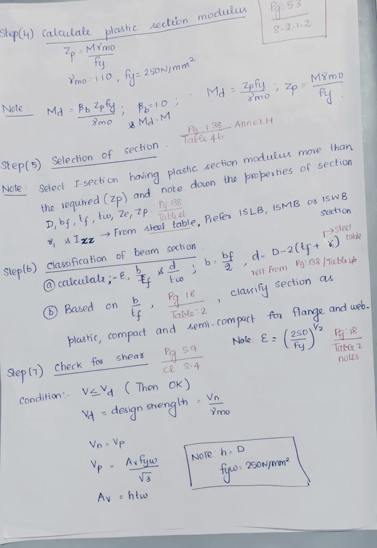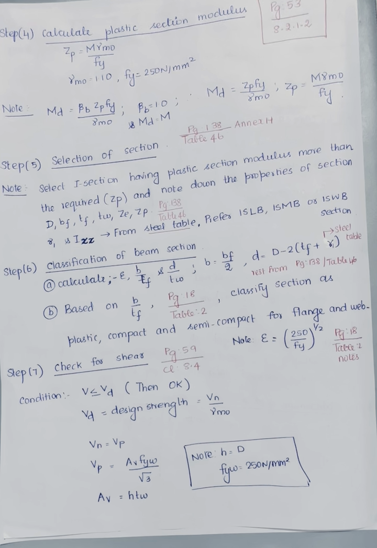That is, it is okay. So what is V? We have calculated this in step 3. What is VD? VD is the design strength. Design strength is given by the formula Vn by gamma m naught. Vn and Vp are one and the same. So Vp is equal to AV Fyw by root 3.